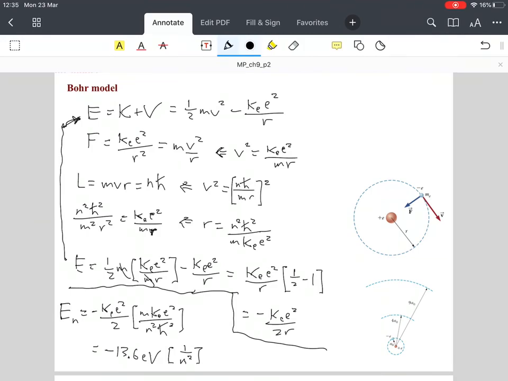Okay, now the negative might seem a little bit strange, and I should explain that. We're looking at a bound system, which means that the electron is, we assume, always going to be orbiting at this radius.